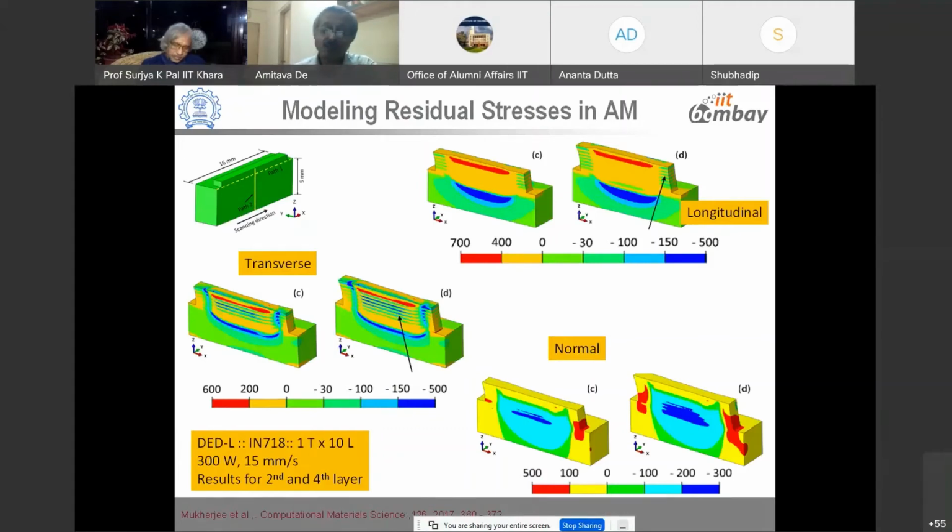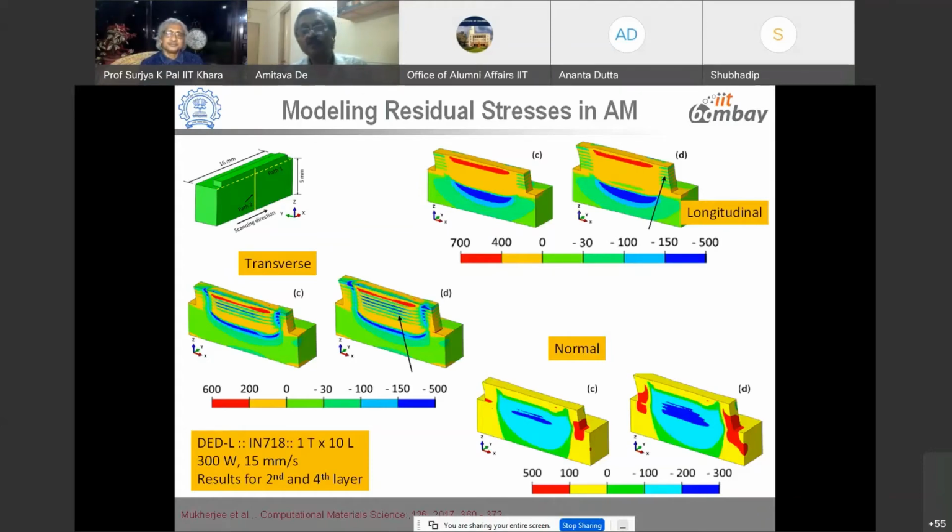Not only the thermal part alone, we can even go for structural models. Of course, for models like this, for example, directed energy deposition with a laser, the residual stresses can be modeled. So just like in other cases like casting and welding, here also it's a similar story. One can model the temperature field.